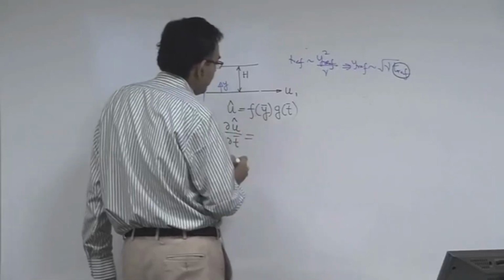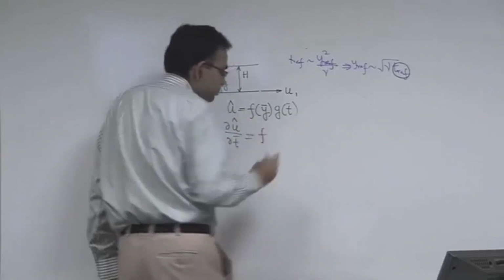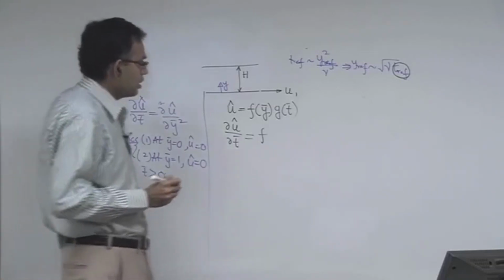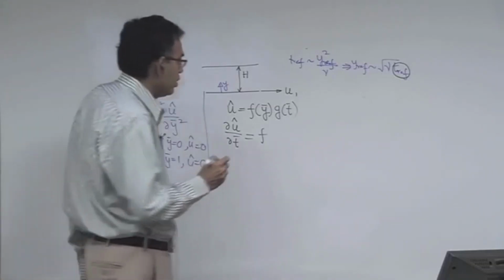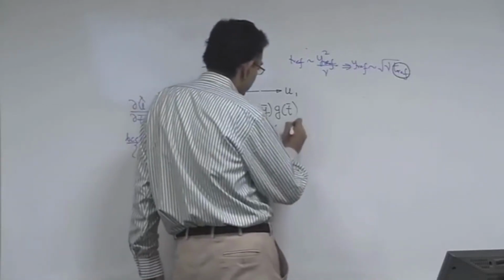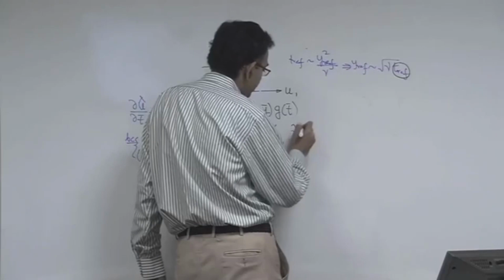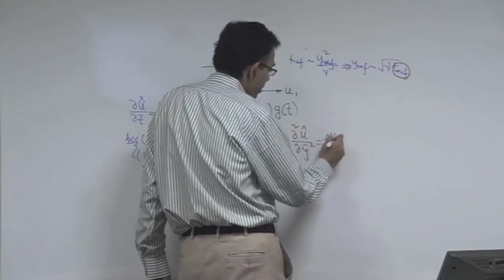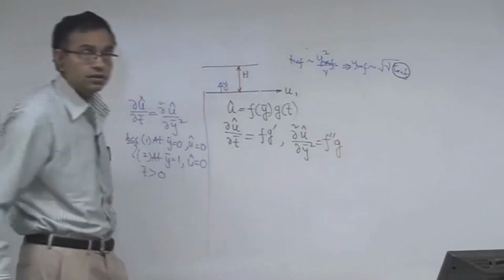Its time derivative is f into g dash, and the second order spatial derivative is f double dash into g.